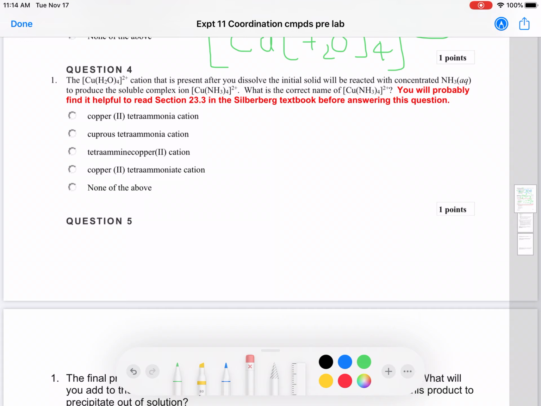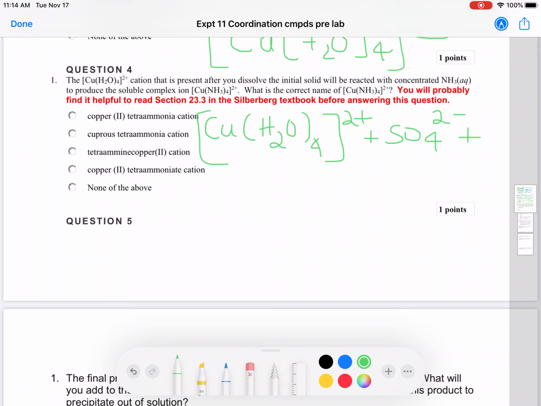So your compound copper, to this one you also have dissociated sulfate ions. Remember, we started with copper sulfate, so sulfate ions are also in your solution, and then when you add ammonia, these water molecules are going to be replaced by ammonia, and it is going to form this complex.